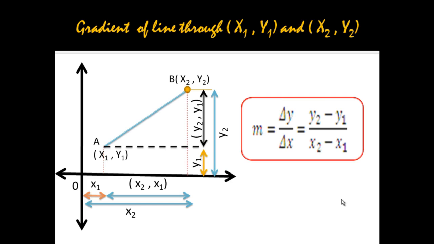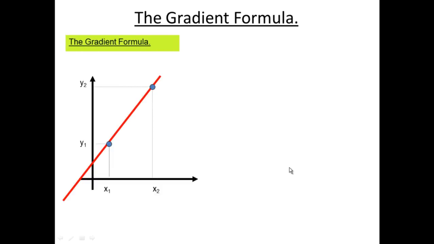We can determine gradient of line through 2 points with this formula. Look at this picture. It is the first point, x1 and y1. And then this is the second point, x2 and y2.